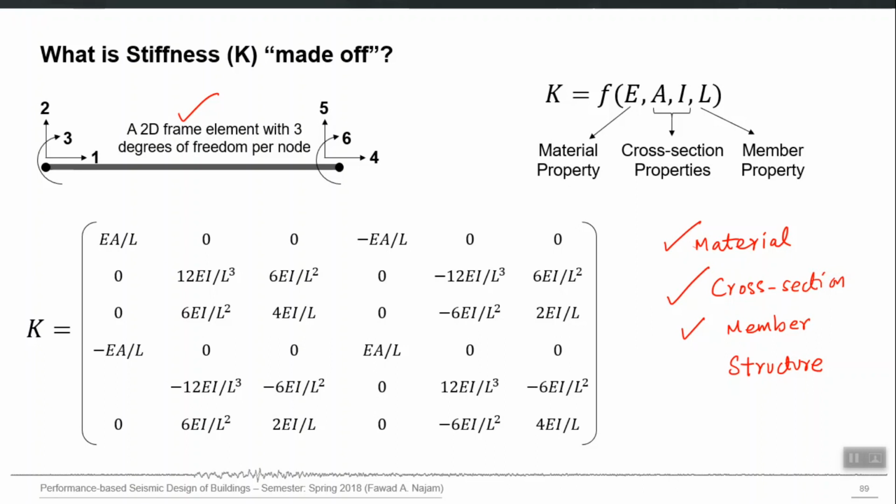Material stiffness is being used, E is being used in the cross-section definition. So material stiffness is contributing to cross-section stiffness. Cross-section stiffness is contributing to member stiffness, and member stiffness is contributing to full global K matrix of the structure, full structural stiffness.